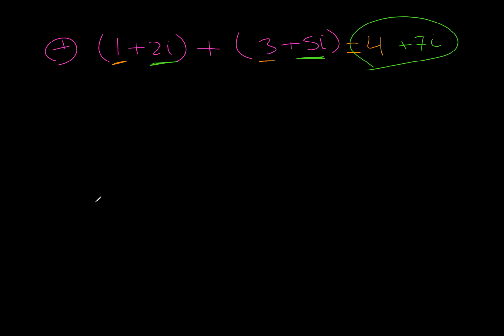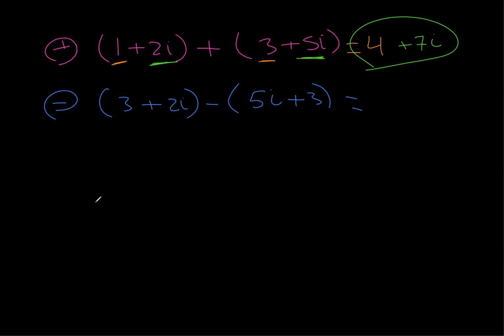Okay, what about for subtraction? Same way. If I give you 3 plus 2i, and here now I'm going to just change, minus 5i plus 3, you see? So look, now this is complex number and this is complex number.